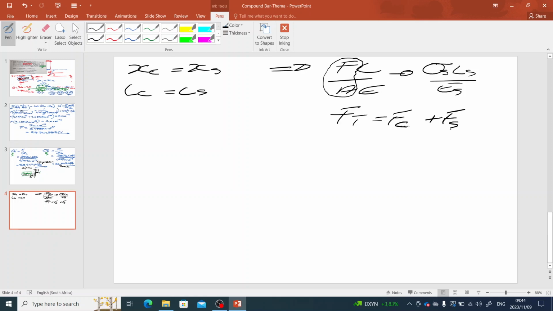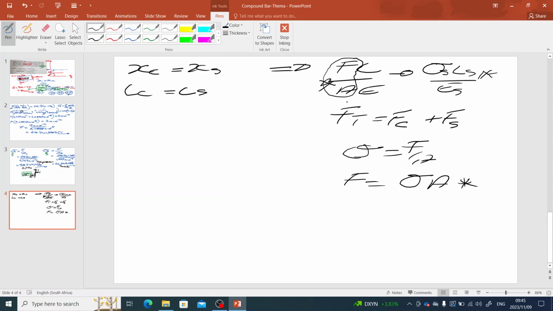Then we know that under parallel connection, we have force total equals force copper plus force steel. But now, stress equals force over area. If we make the force the subject of the formula, it will be stress multiplied by area. Now, it will depend on the given information. In this case, I will be using the stresses because I'm not given the forces. You can use the forces.